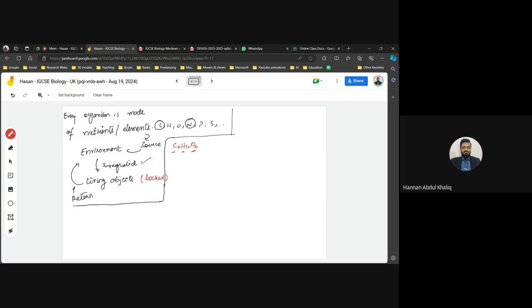So now they are in the molecular form. Once these elements are converted into molecular forms, it is obvious that these elements are locked.